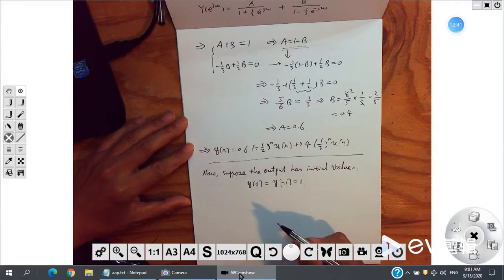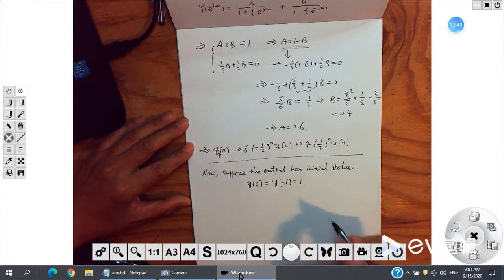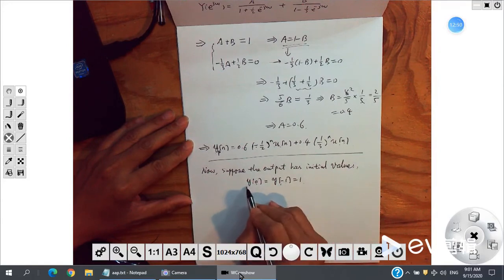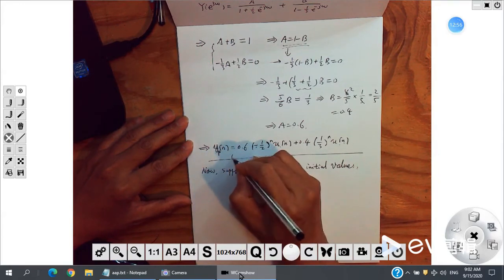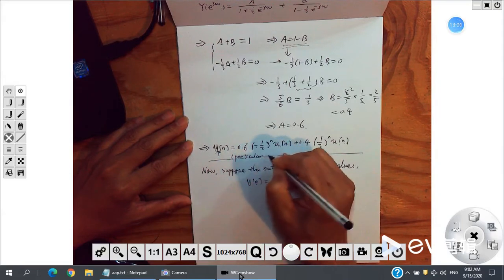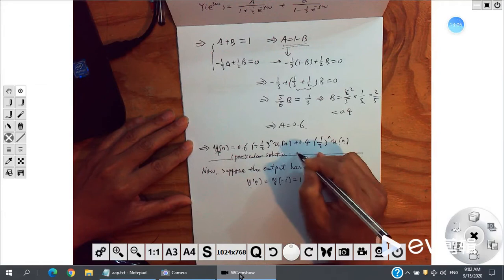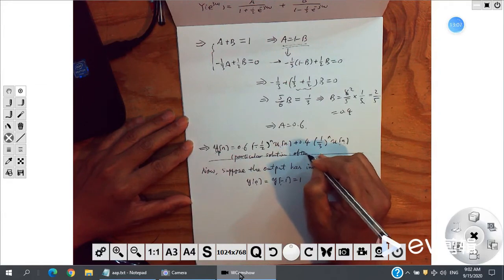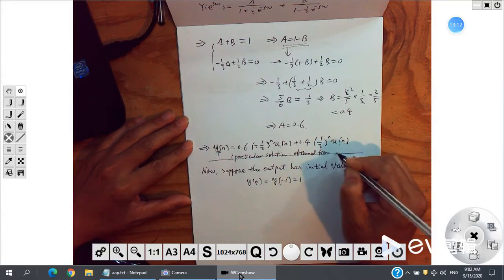Okay, so here I put the p here. This is not the final answer. We want to know the final answer y, but here we only get a yp. We call this a particular solution, obtained from the Fourier transform.